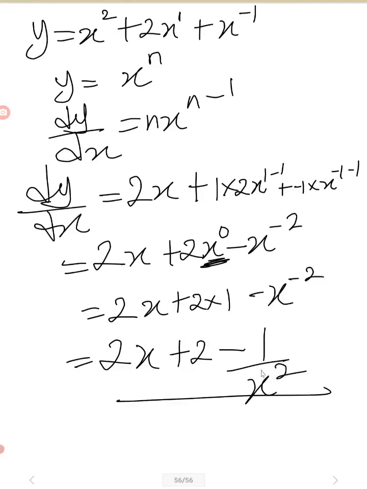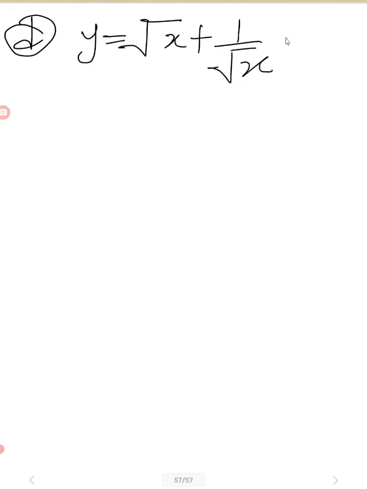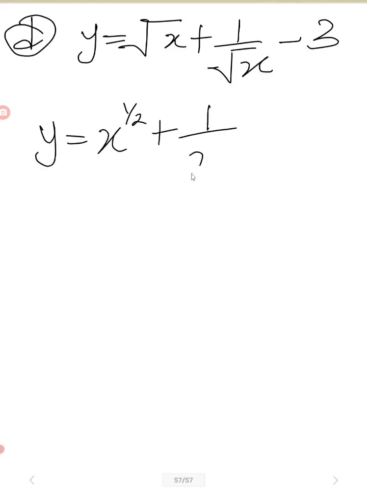By the time we apply, let's solve another one that you might come across in elementary calculus. Let's say y is equal to root x plus 1 over root x minus 3. If you have to differentiate this, the first thing you have to do is to simplify, which gives y is equal to x raised to the power half plus 1 over x raised to the power half minus 3.